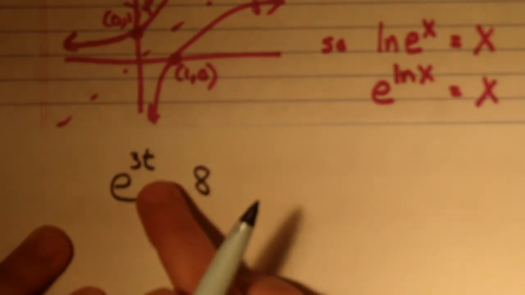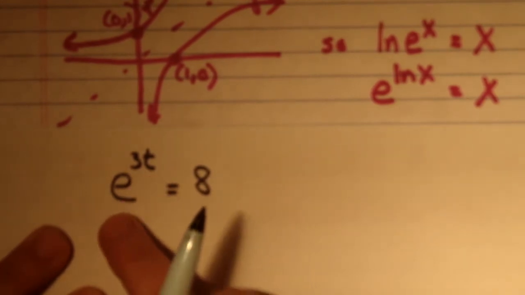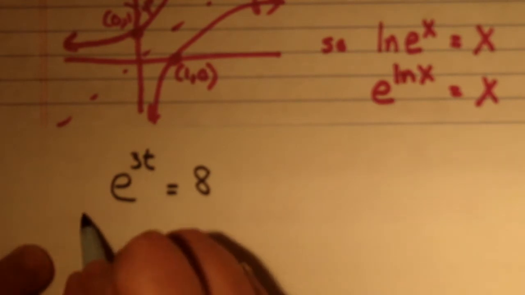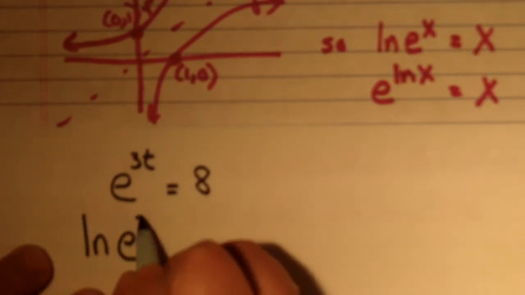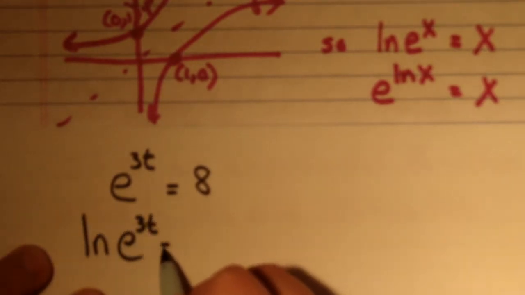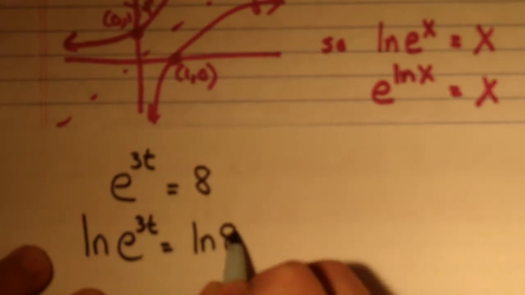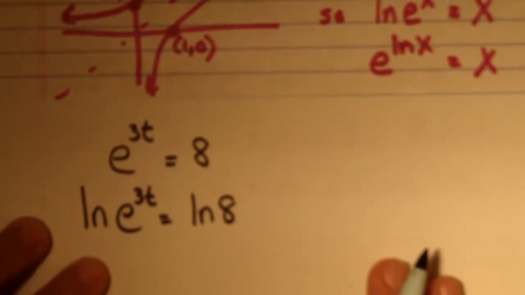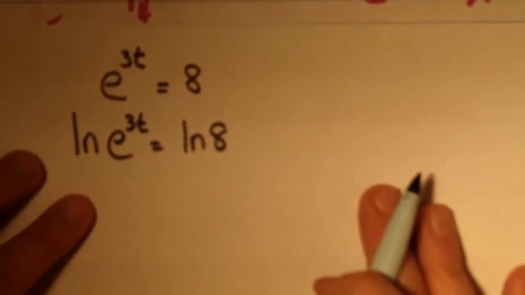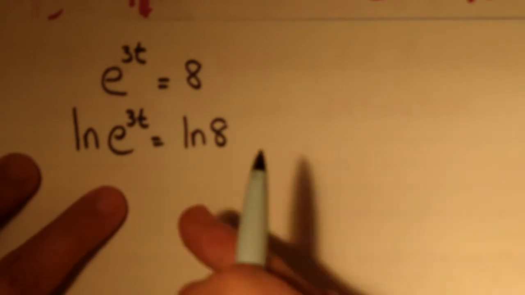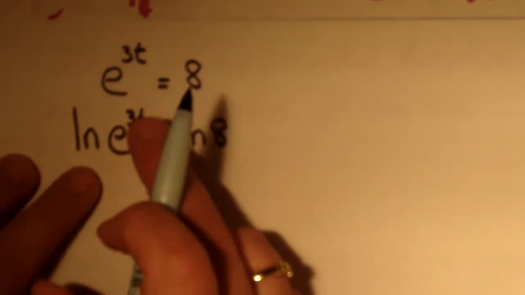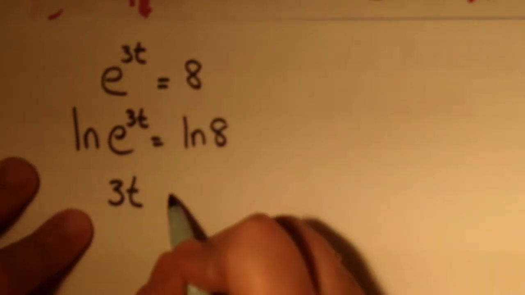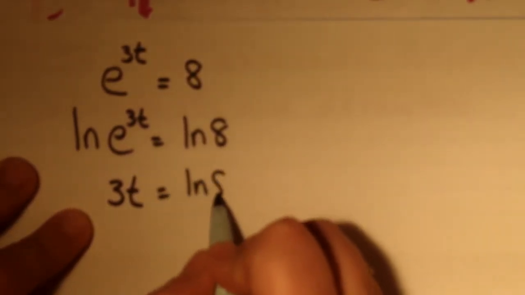What we could do to isolate the variable t is take the natural log of both sides. On the left-hand side, I would be left with 3t, since e to the natural log, or natural log of e, those undo each other, and that leaves me with 3t equals the natural log of 8.